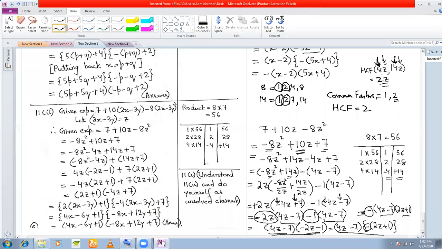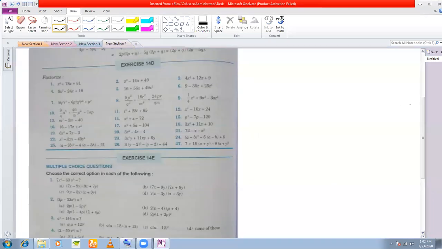That is why the HCF of 8 and 14 is 2. That is how you take out the HCF. There is a division method also, but I don't think the division method is required here. So let's come now to our textbook, and some questions also for you.